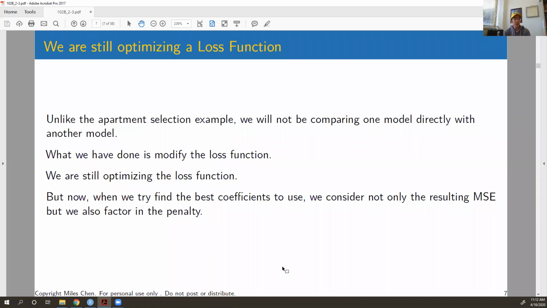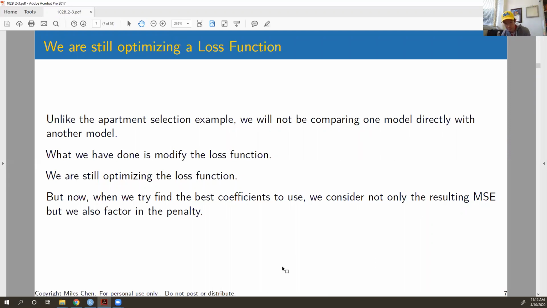So we are going to pick our coefficients, the values of W, in such a way that it minimizes this modified loss function. We're not going to pick the W's that just minimize the ordinary least squares loss, the OLS loss. We're going to pick our W's in a way that optimizes this version of the loss function.